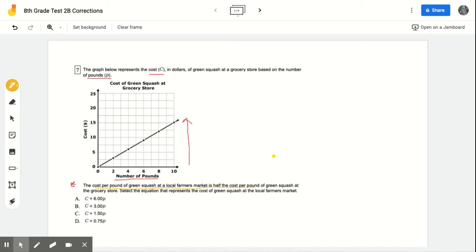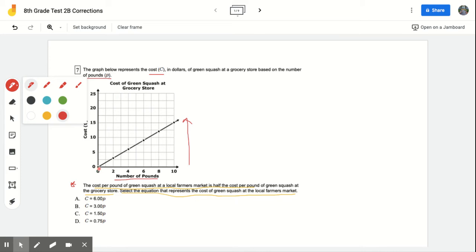Okay, so it's saying it's half the price of the grocery store. We're trying to figure out an equation that would help us determine how much money we would spend at the farmer's market. First thing that we know is that it's half the price of the grocery store.